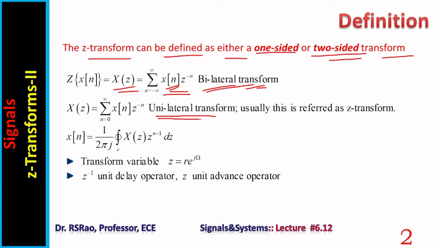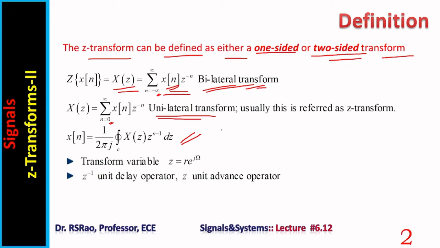Unilateral transform is very much similar to bilateral except for one difference. In case of unilateral transforms, the summation starts from n equal to 0 instead of minus infinity. Inverse transform also exists.